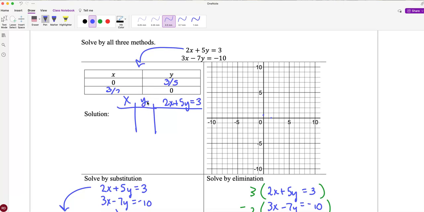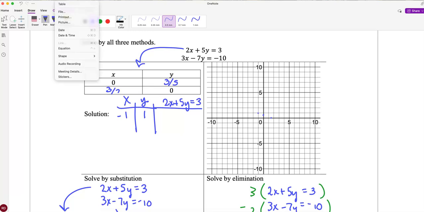If y was 1, that would be a 5. So you would get 2x equals 3 minus 5. So 2x is equal to negative 2. So x is negative 1. So negative 1, 1 is a point right there.